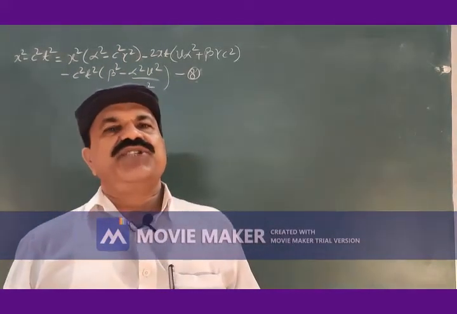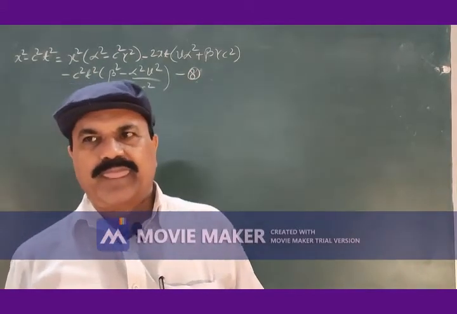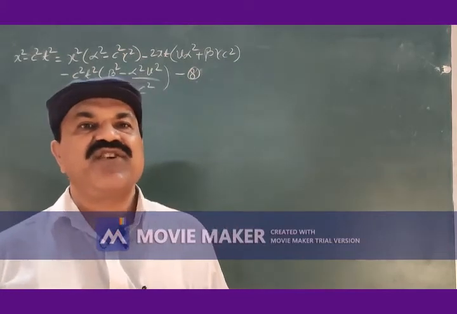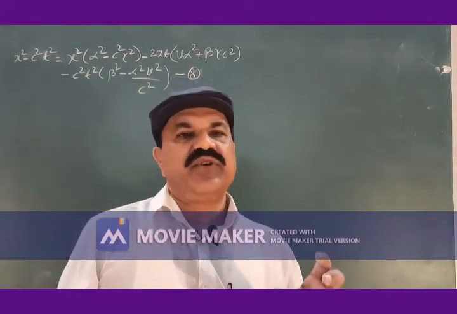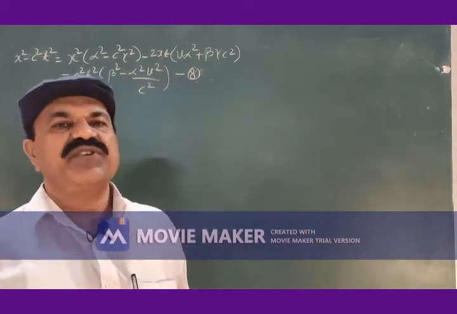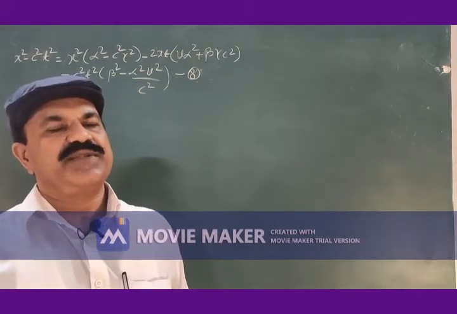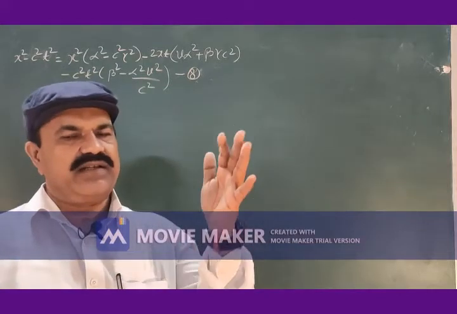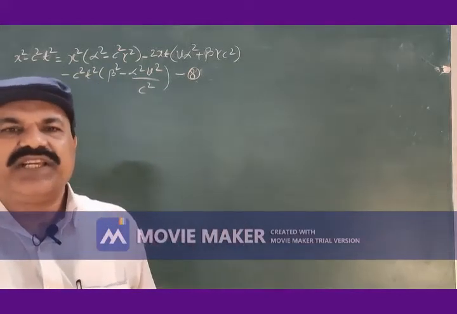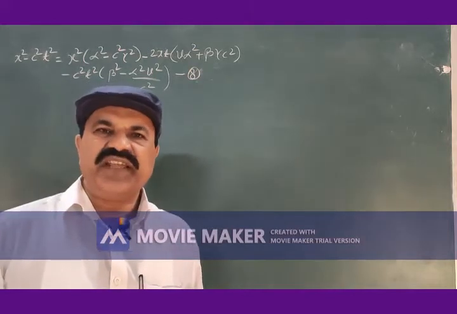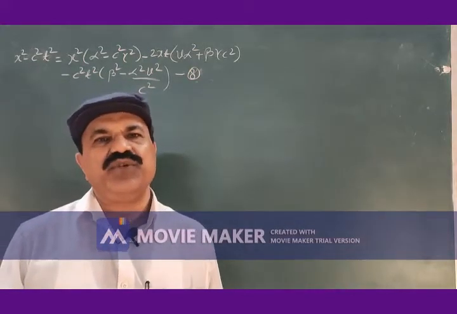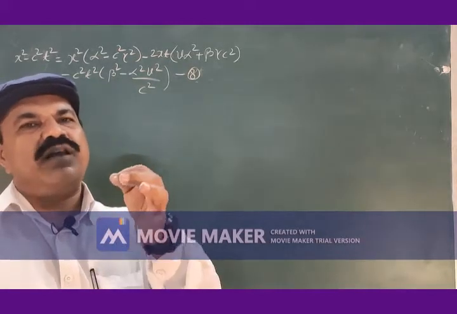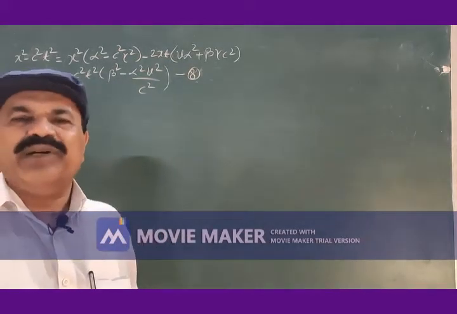In the last lecture, we started the Lorentz transformation. We considered two frames of reference, S and S prime, and assuming initially both frames coincide with each other at time t equal to 0, a light gun is fired which emits one light pulse.